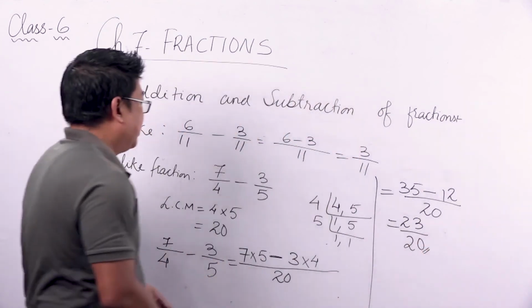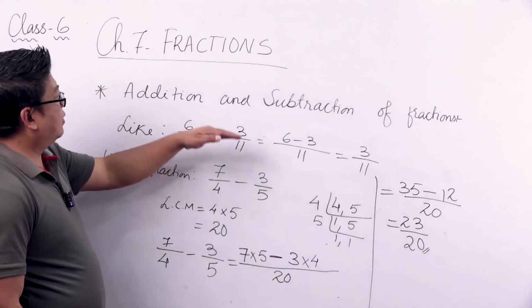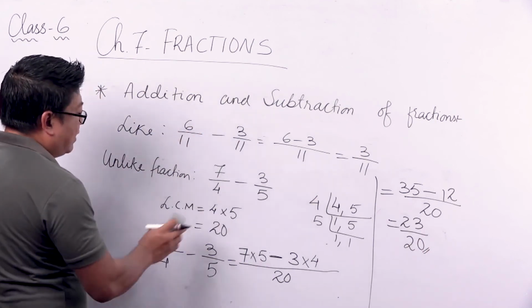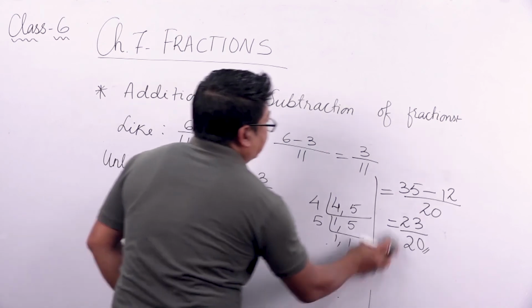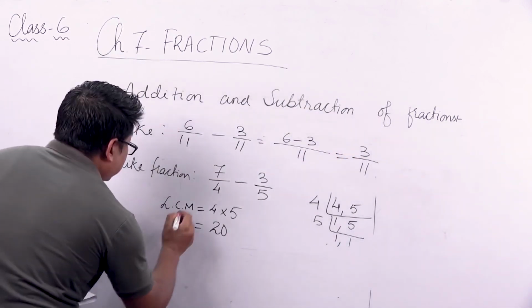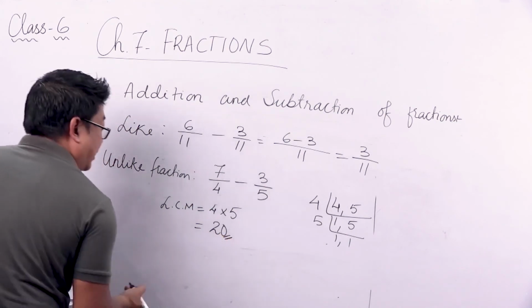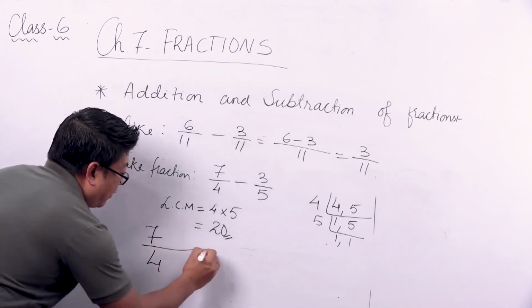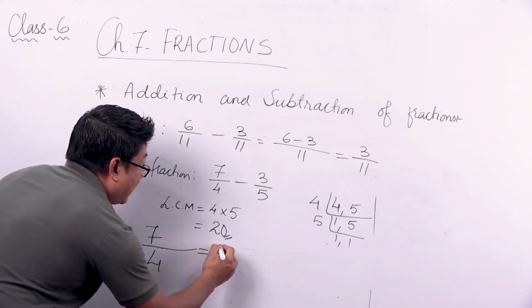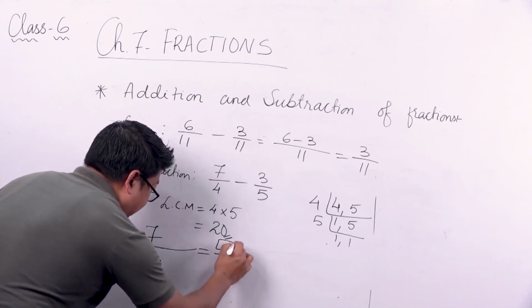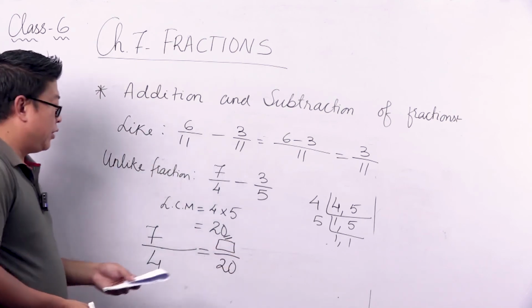All right. So this is all about subtraction and addition. Now there's another way through which we can do this calculation. We got LCM 20. So we can write 7 by 4, leave some space and write 20. We do not know the numerator yet.